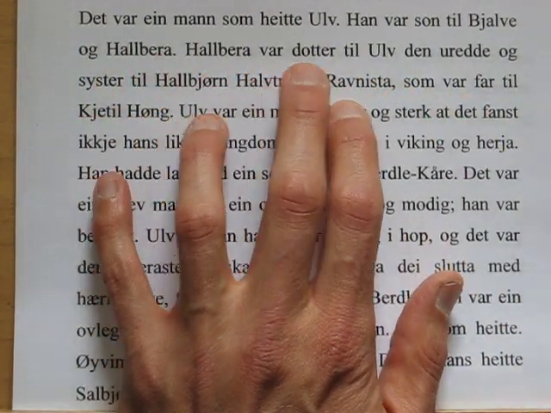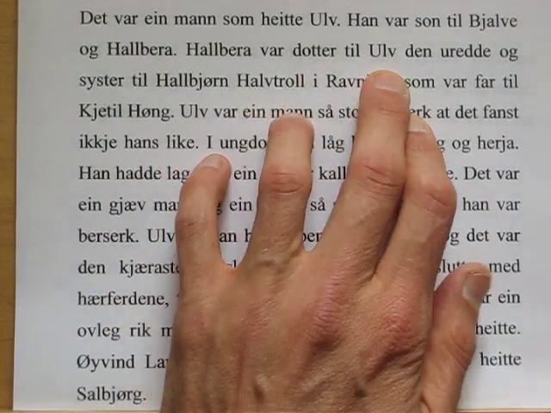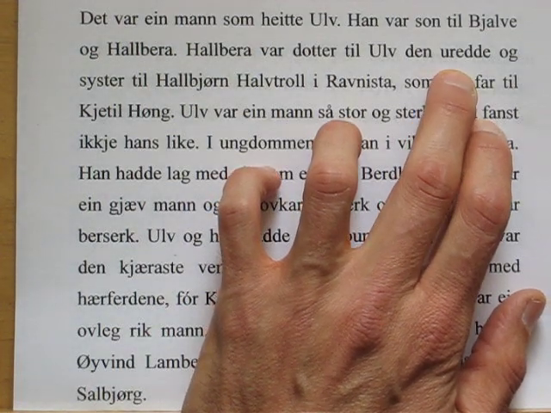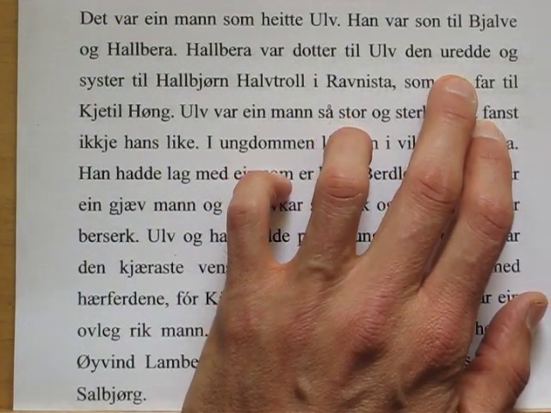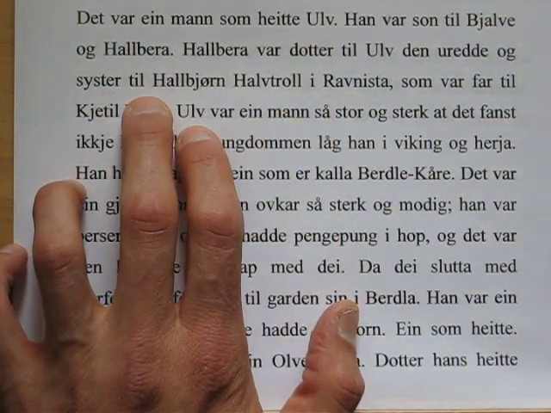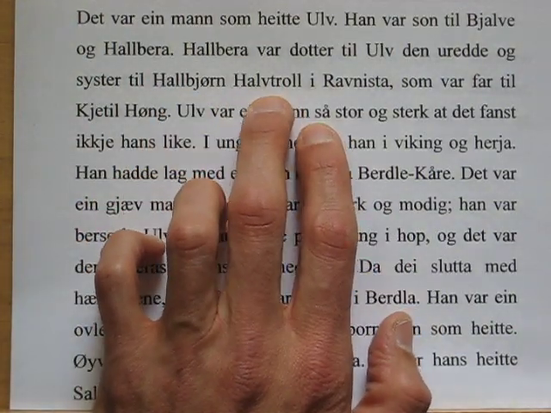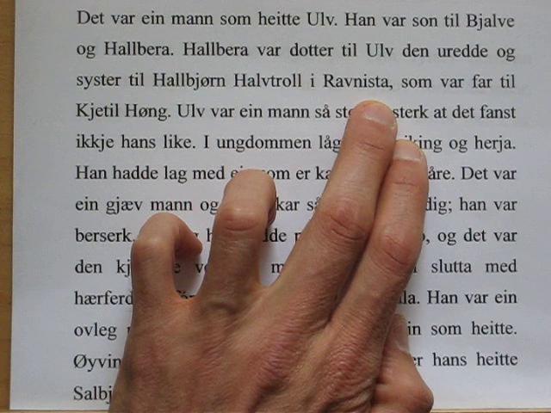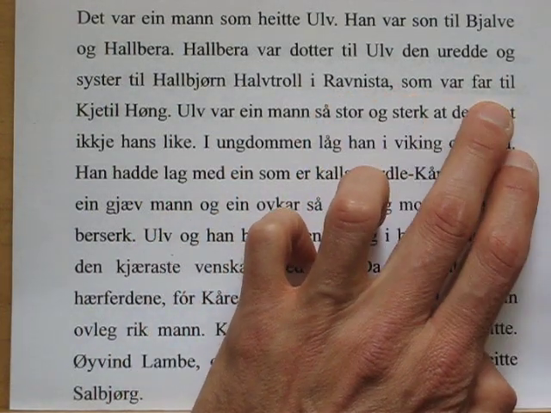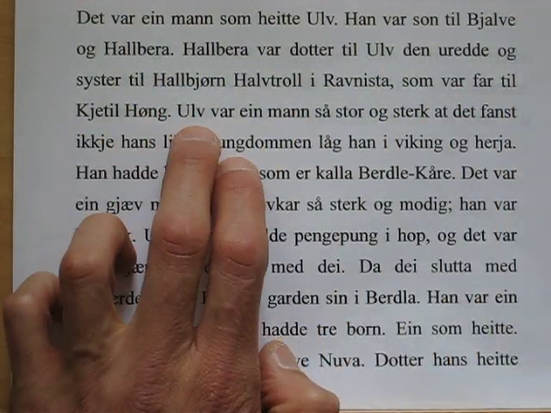Hallbära was daughter to Ulv, another Ulv, the unafraid, Ulv the fearless, and sister to Halbjörn, half-bear, half-troll in Ravnista, who was father to Kjetil Hung.